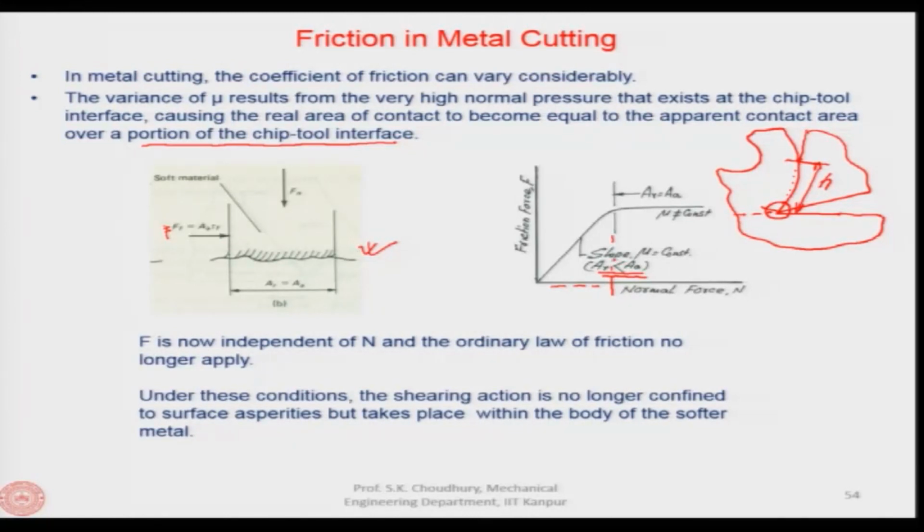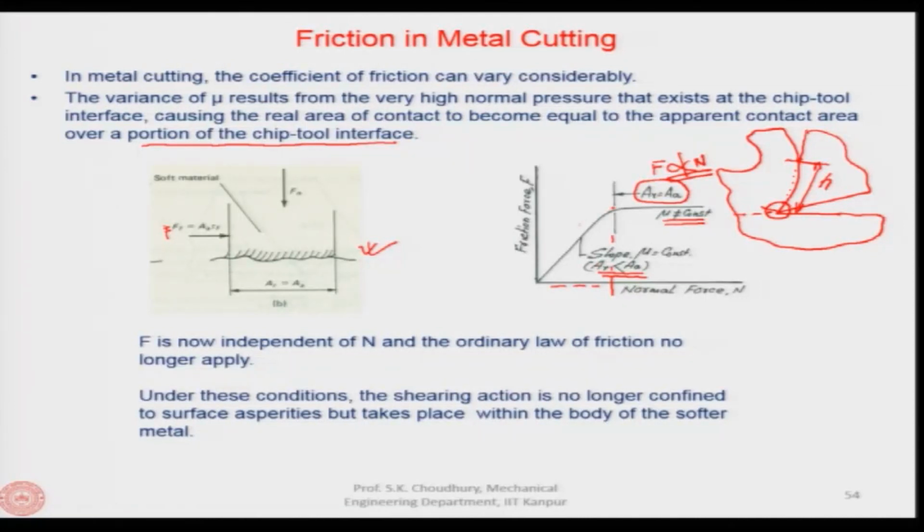After a certain point, the normal force becomes so high that the real area of contact becomes equal to the apparent area of contact, as shown in this figure, and the normal rules of sliding friction do not apply. Then mu does not remain constant, and F is no longer proportional to N.